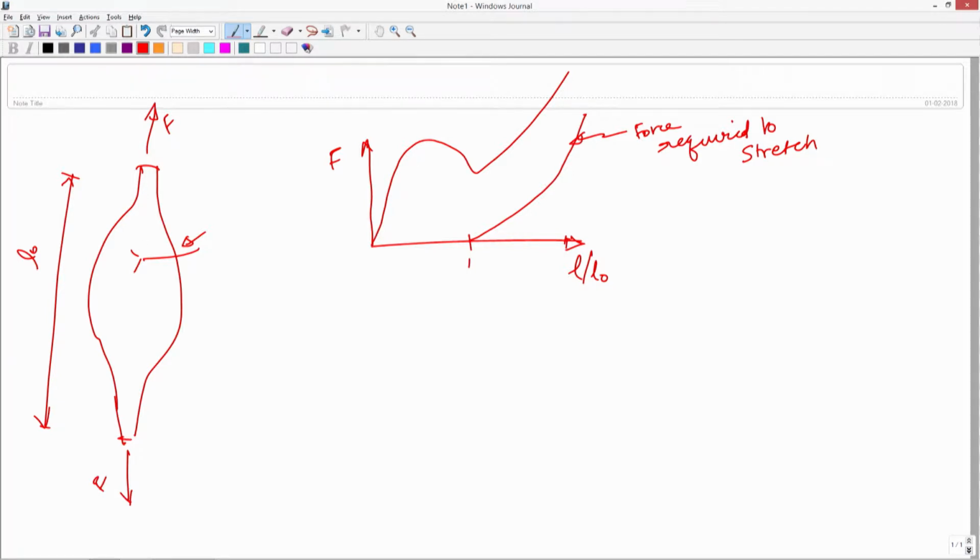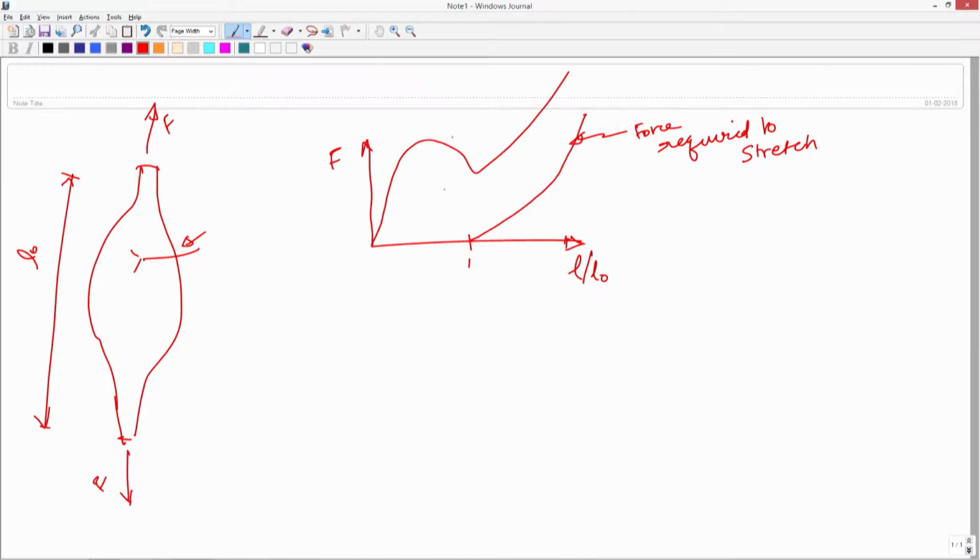Whenever there is an electrical impulse, it is going to shorten. When it is shortening, your hands are going to feel the pull force, and that force is what I have plotted over here. So, I call this profile active, and this profile passive. Passive in the sense there is no electrical stimulation.